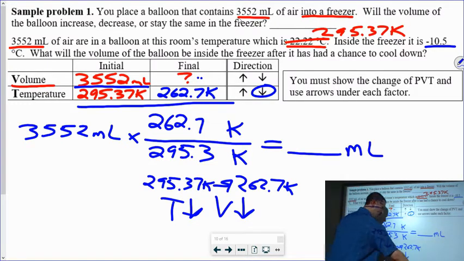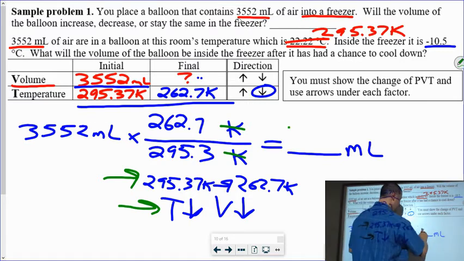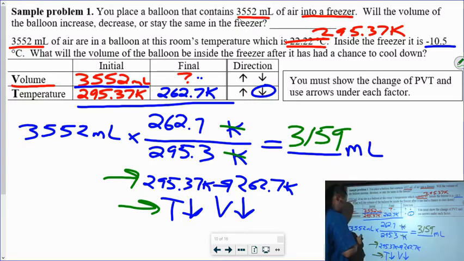So again, this part is needed, this part is needed. The K's cancel out, and when you do the math on all of this and you follow the sig fig rules, you get 3,159 milliliters, which is in fact smaller than what we started with, and the balloon would get smaller when you put it in the freezer.